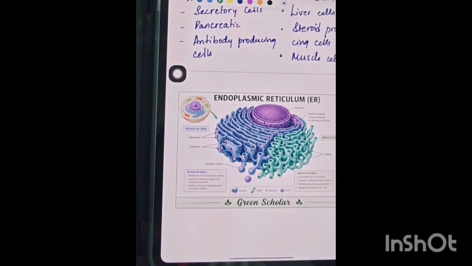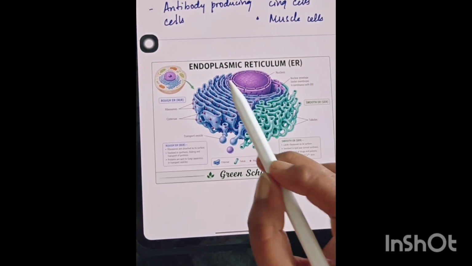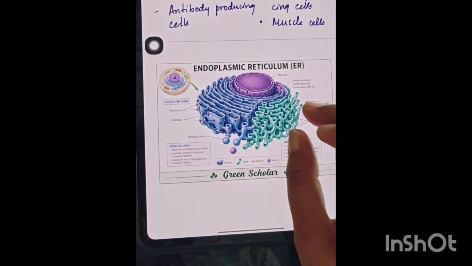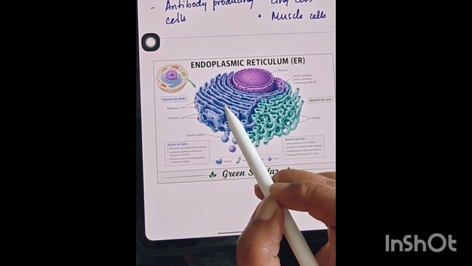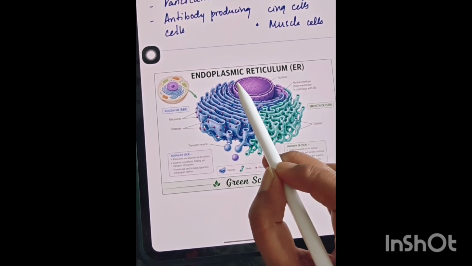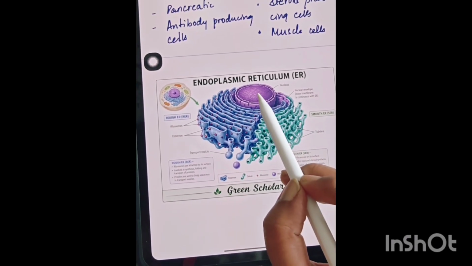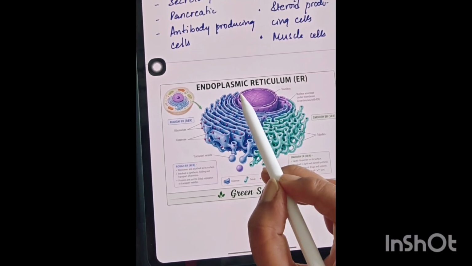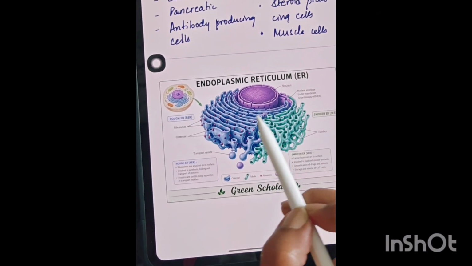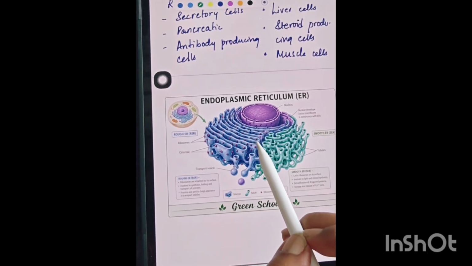Now we will focus on the diagram of the endoplasmic reticulum, a beautiful network-like structure present in the cell. At the center there is a nucleus, which you can call the heart of the cell, and around it you will find the endoplasmic reticulum.